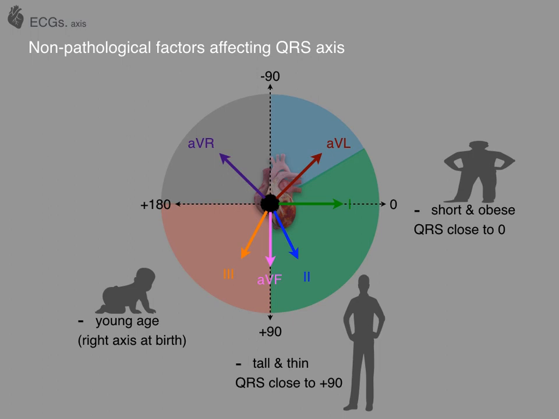Tall, thin people are more likely to have an axis which is close to a rightward direction, so close to a positive 90, whereas short, obese people are more likely to have a QRS axis which shifts up towards the left, so closer to 0 degrees on the hexaxial system.